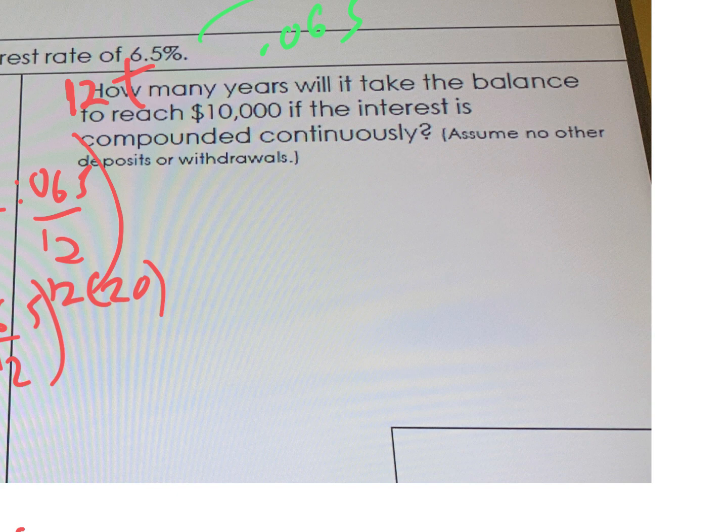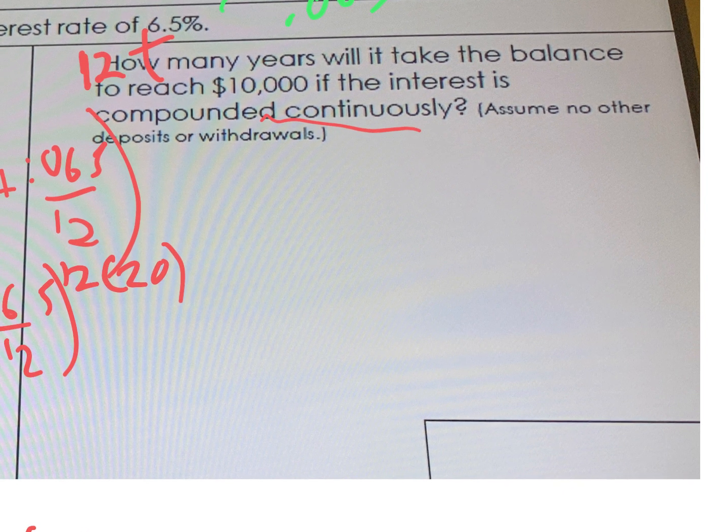But we're going to compound continuously now, which is what most banks do. The formula is going to be the amount of money in the future equals the amount of money I start out with, times E, since it says continuously, to the RT.